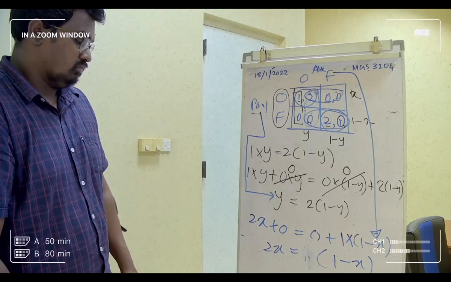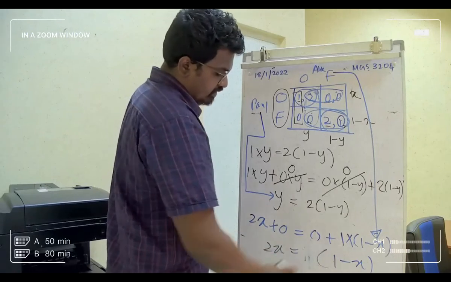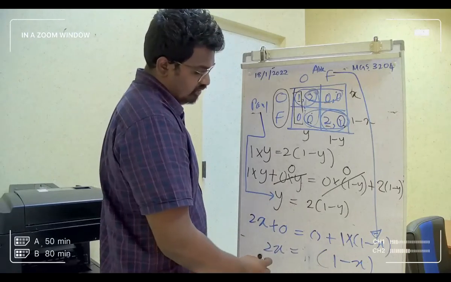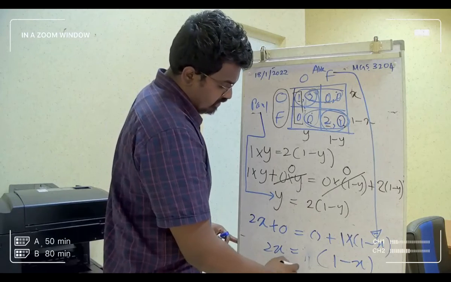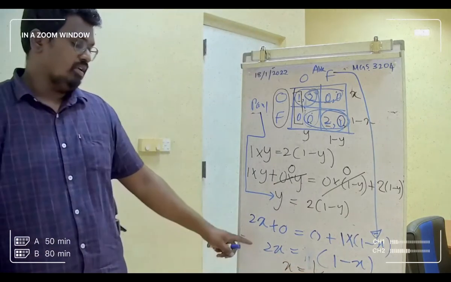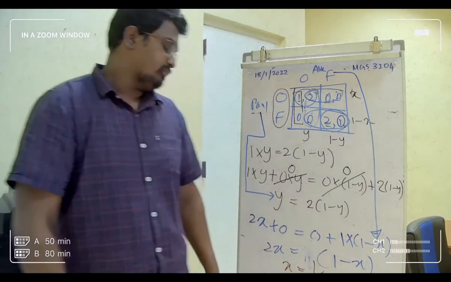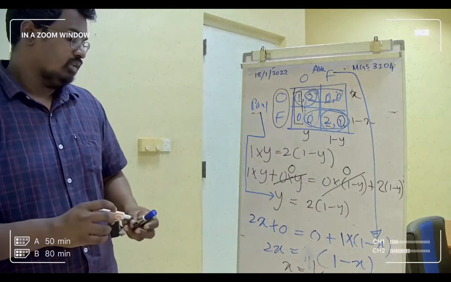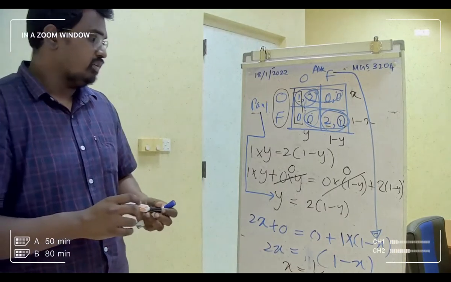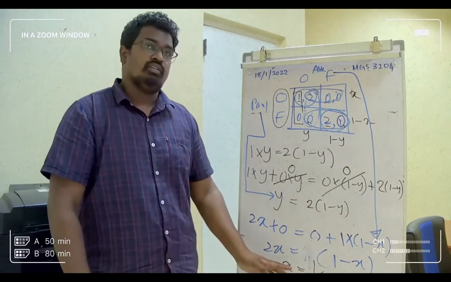X equals 1 divided by 3. If you simplify this, what will you finally get? X equals 1 over 3. So simply you have to simplify this formula, then you get x equals 1 over 3. Right? What does x equal 1 over 3 mean? What do you think it could be?